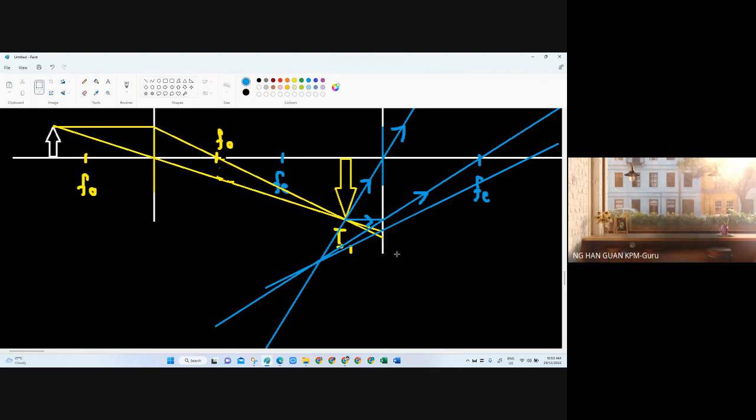For this one, you can continue from here also, going to the same point, and then adjust the angle. If you don't want to draw, it's fine. So they all meet at the same point. This is our final image, I2. Here is the final image.